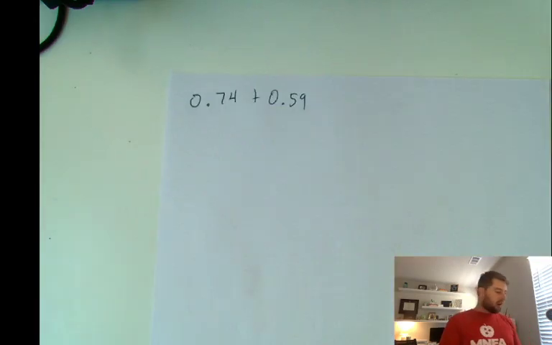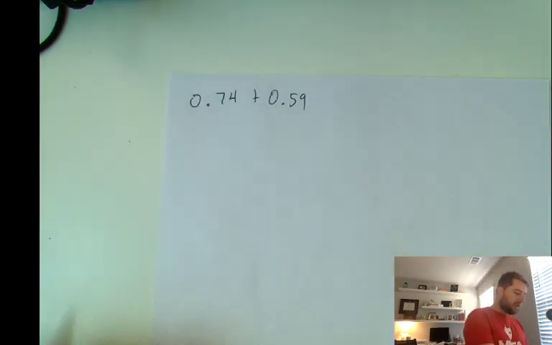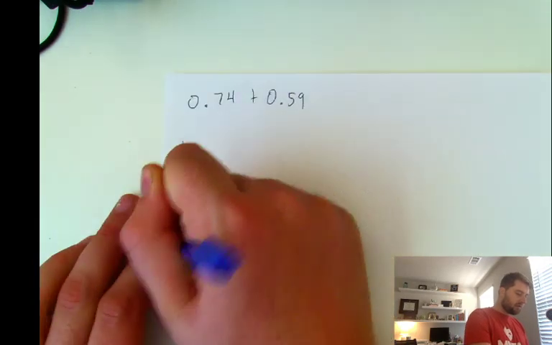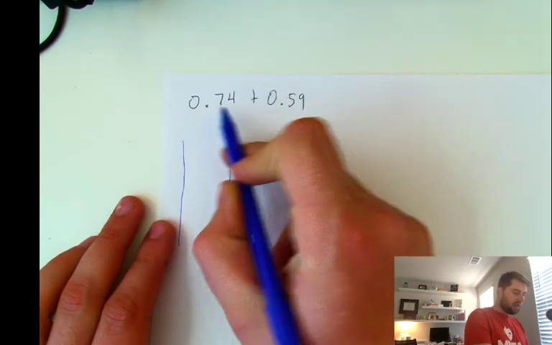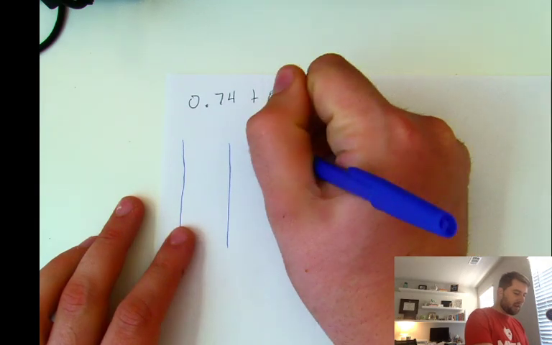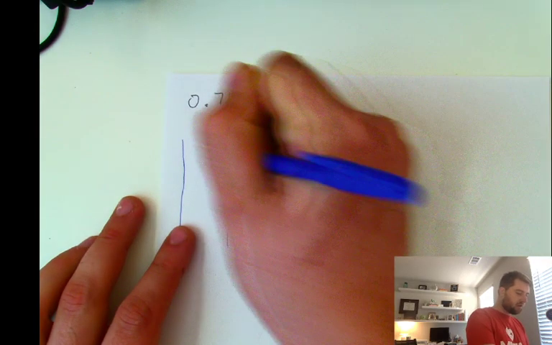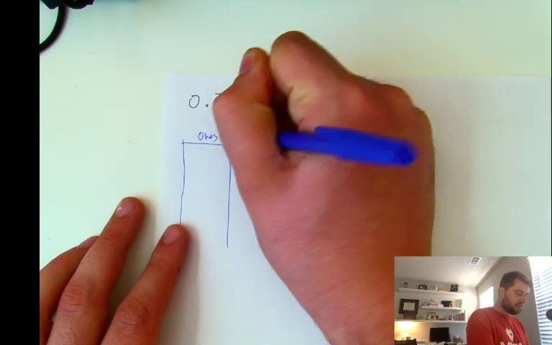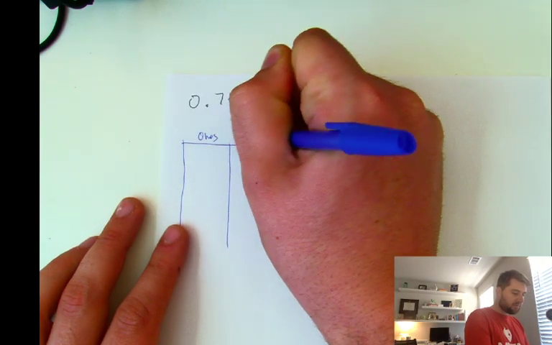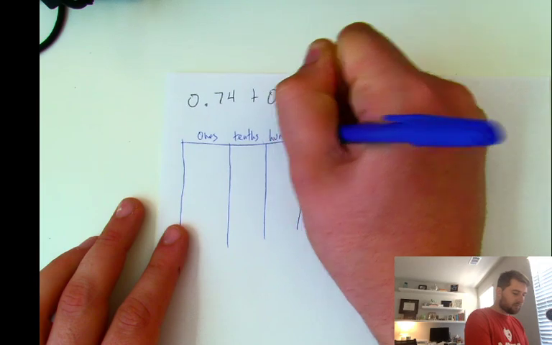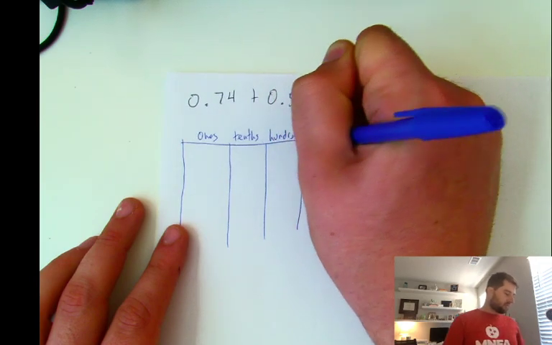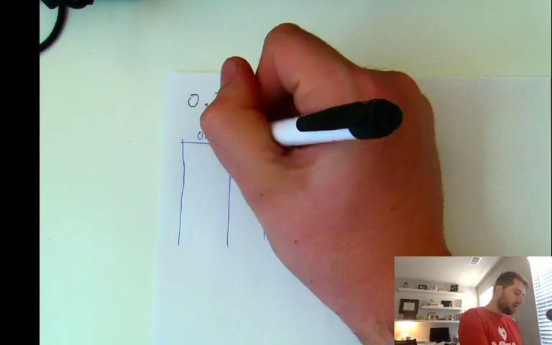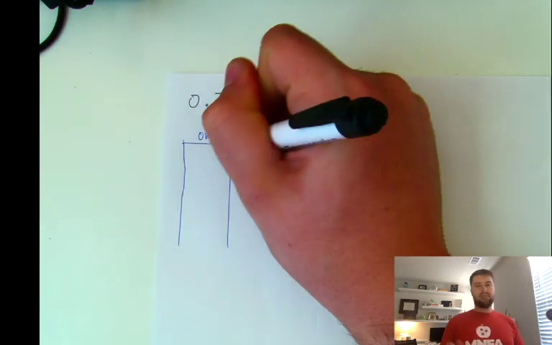And we're going to start with our place value chart just like we did for our first portion of the lesson. This time you only need 3 columns right there. Ones, tenths, hundredths, and of course our decimal place always goes between the ones and the tenths place.